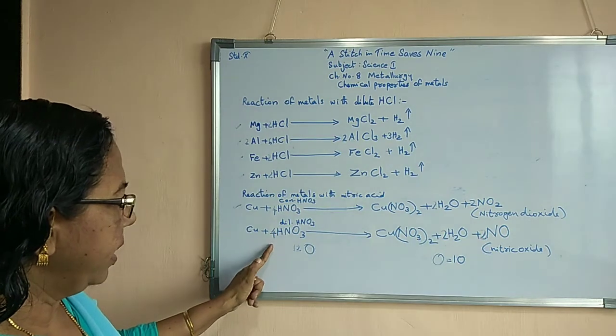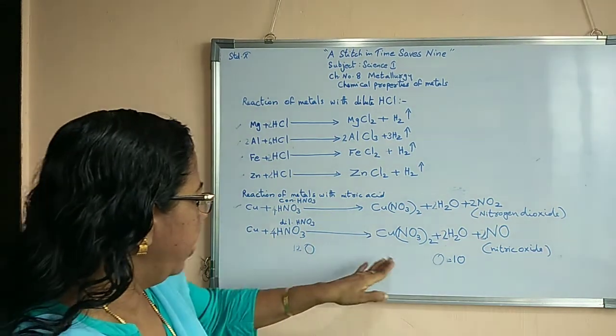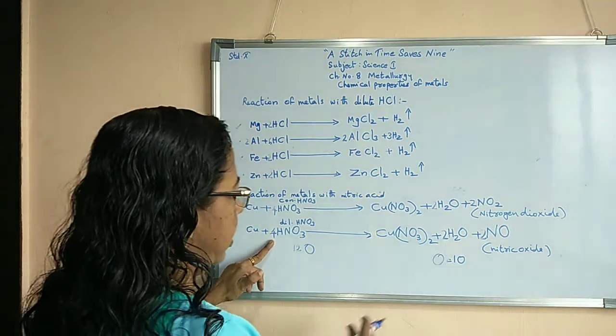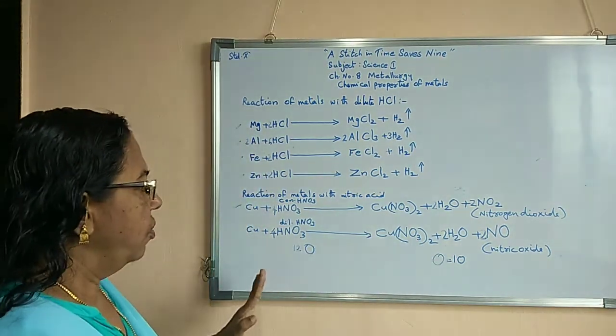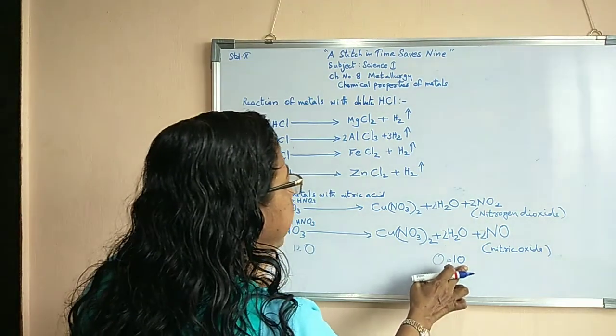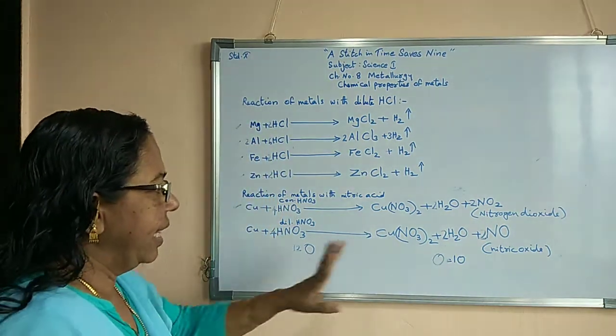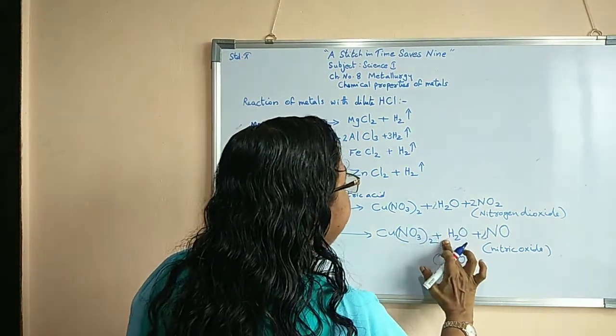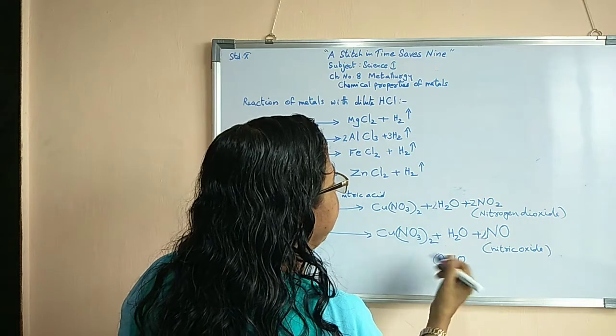Now, here what we can do, we have to increase the number of oxygen. For that, here now hydrogen's number, here 2 is there, here oxygen's number now 10 became. So what I am doing, I have to make it now 12. So this hydrogen's place or nitrogen's place we can add.